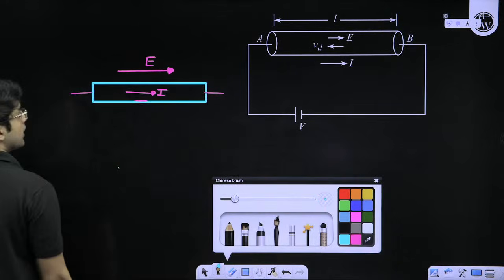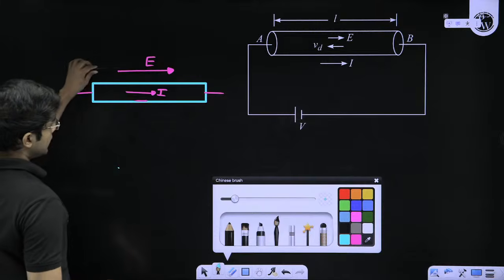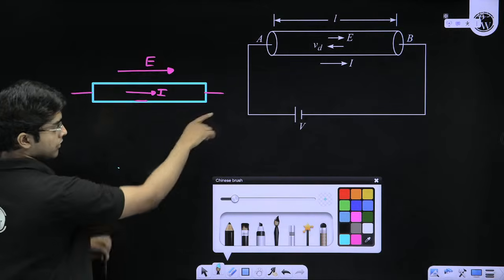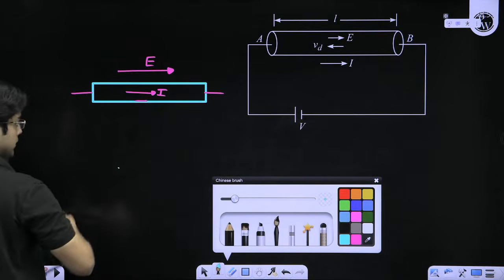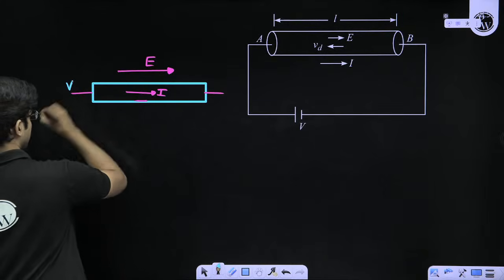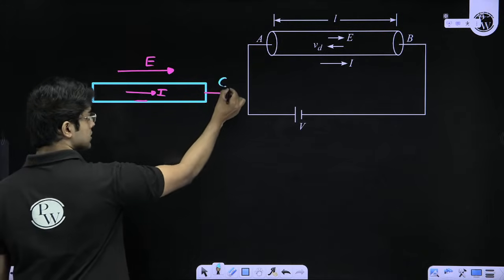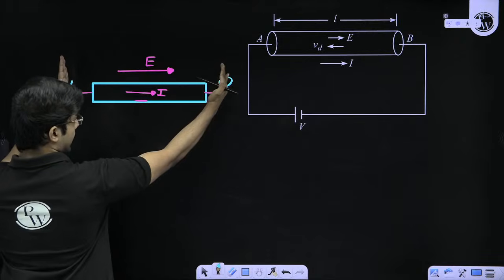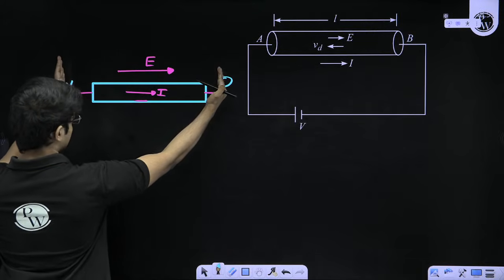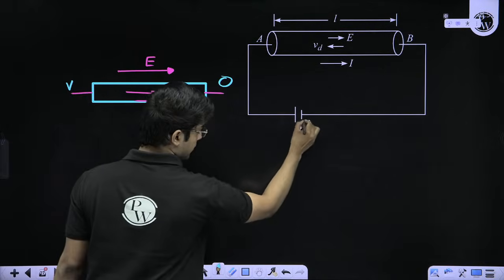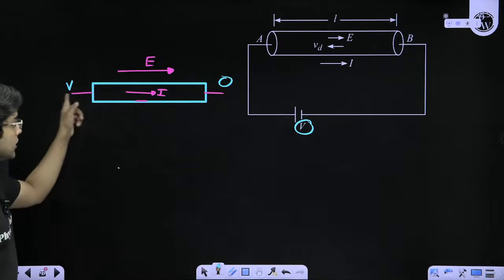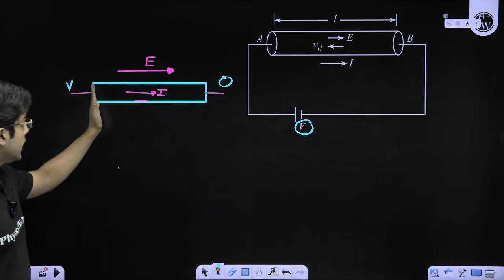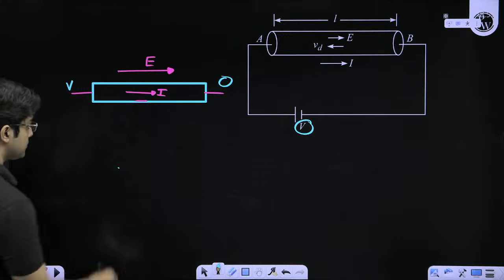Now, in order to set up an electric field, we connect the conductor across a battery. The battery will maintain a constant potential difference across the two ends of the conductor, and that potential difference is V. This potential difference will set up an electric field inside.